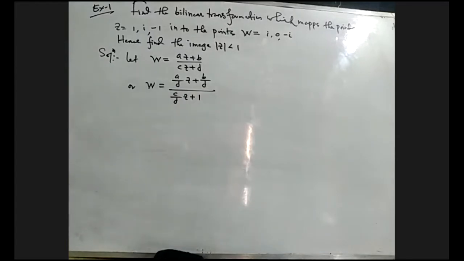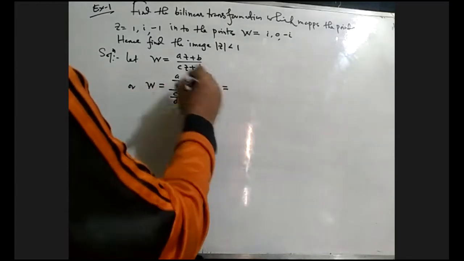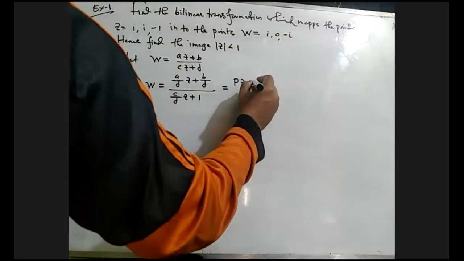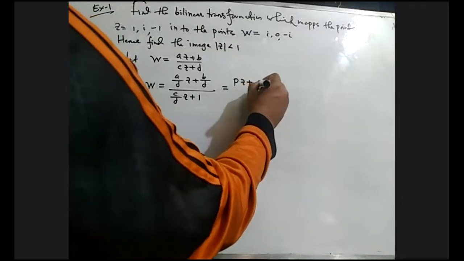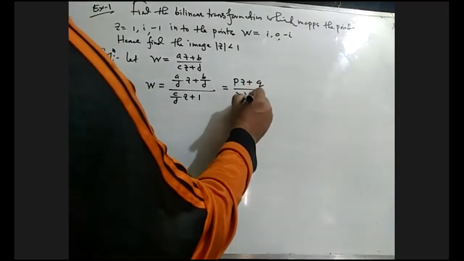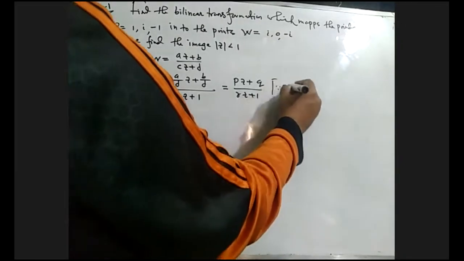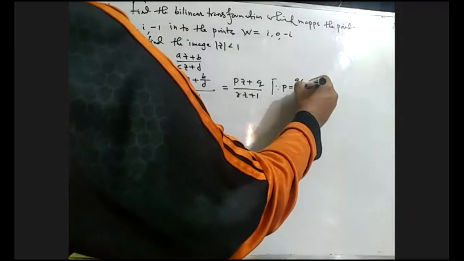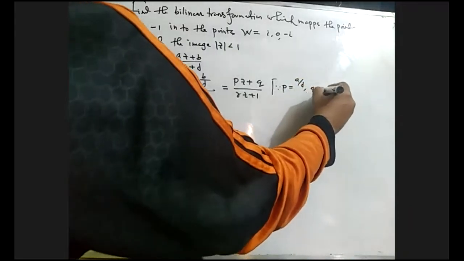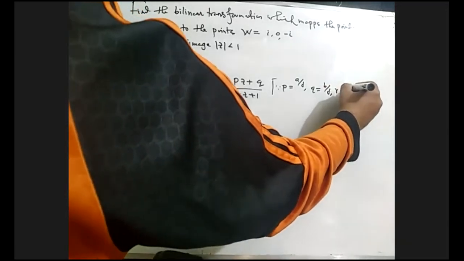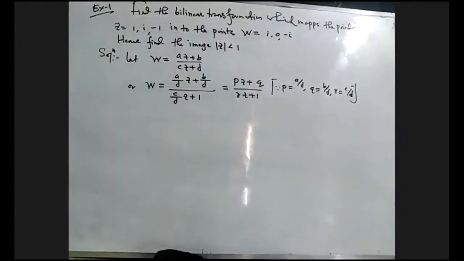So we can transform it into (PZ plus Q) divided by (RZ plus 1), where P equals to A by D, Q equals to B by D, and R equals to C by D. Just substituting the constants.